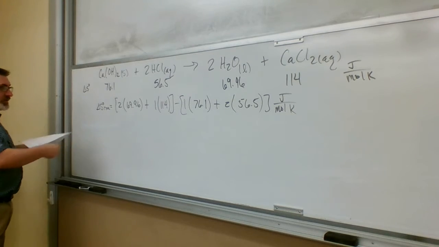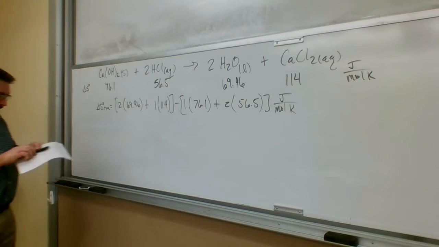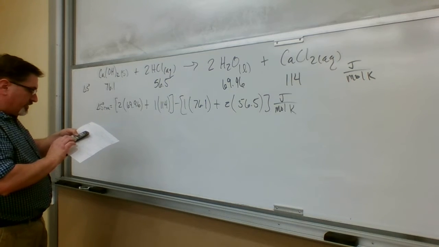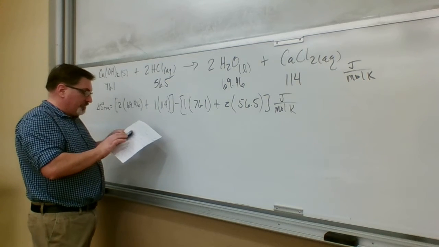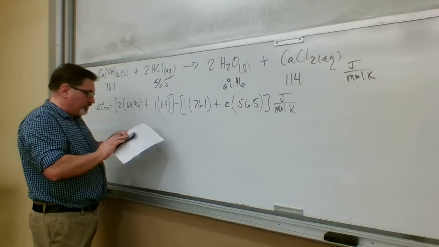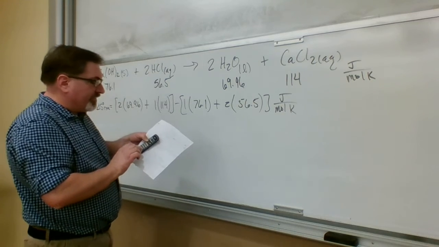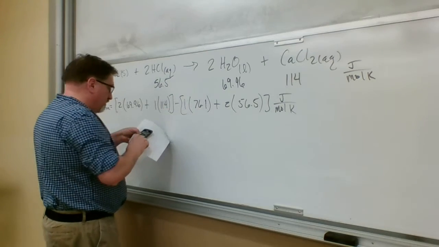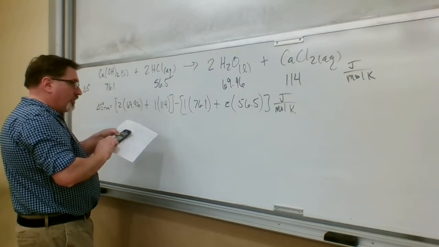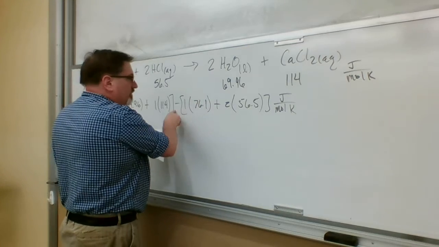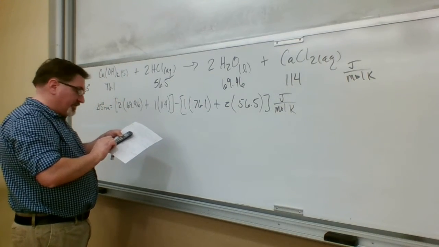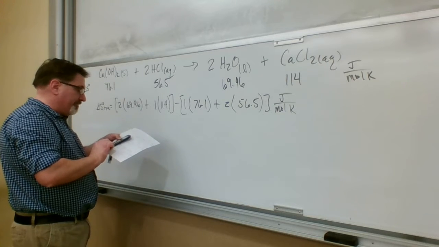So we're ready to run those numbers through. 2 times 69.96 plus 114. I have 253.92 on my screen. Now minus 76.1 minus 2 times 56.5.